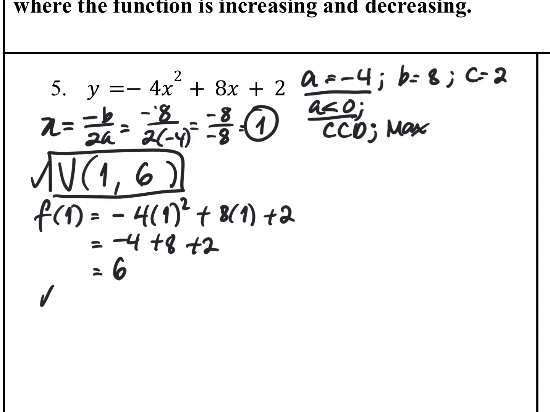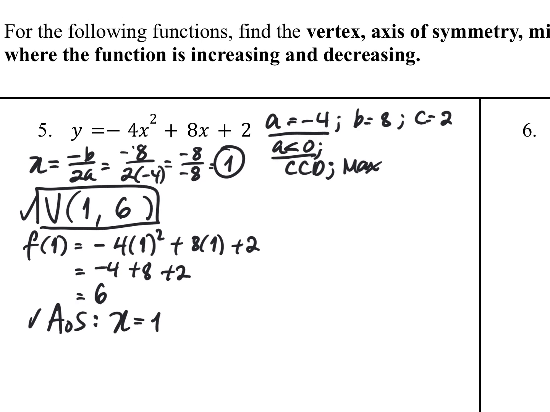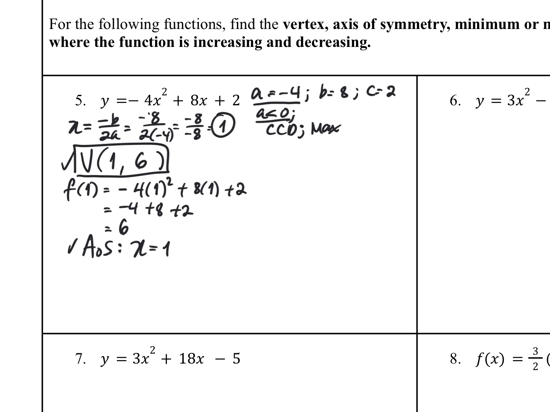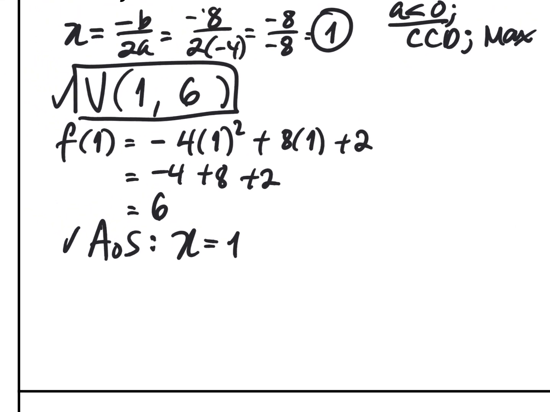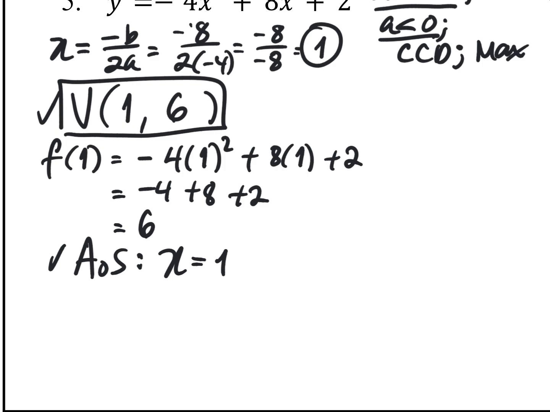The axis of symmetry is the x coordinate of my vertex, which is x is equal to 1. What else did they ask? The minimum. Let's look at the minimum. Just looking at the vertex, we can find our minimum and maximum, and the increasing and decreasing parts, using the x and y value alone.